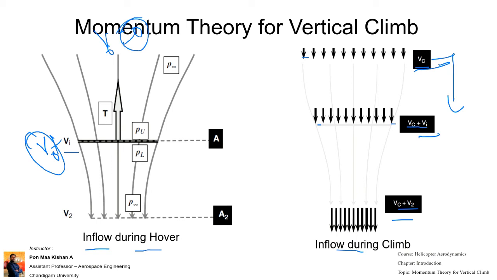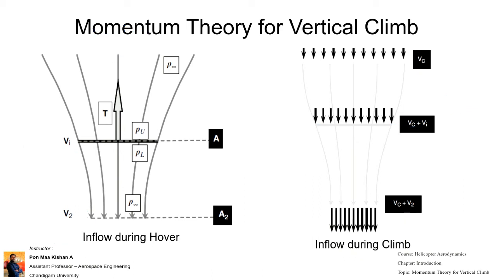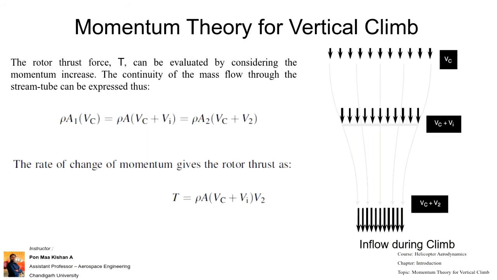So the exit velocity is given with respect to VC plus V naught, and in hover it is V naught plus V2, but V naught is taken as 0.